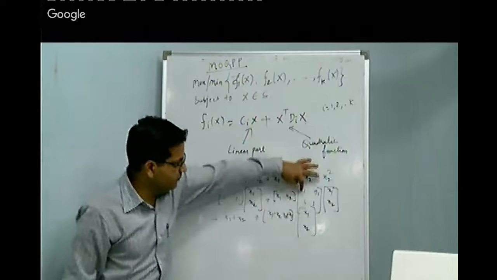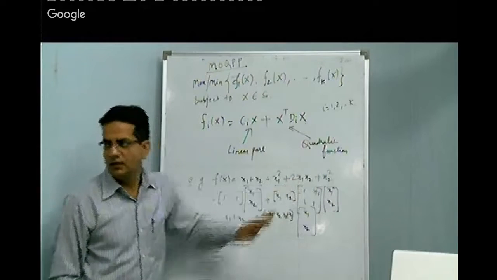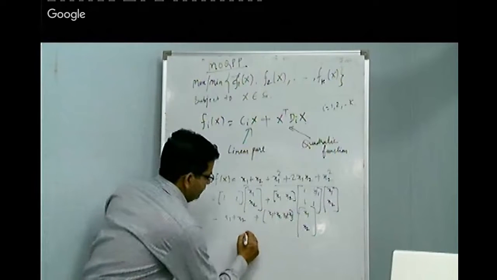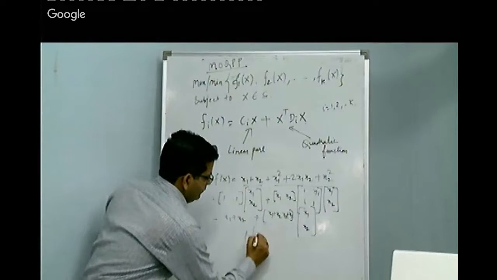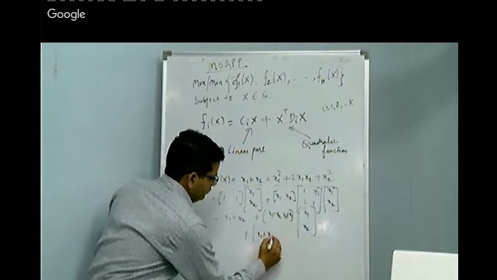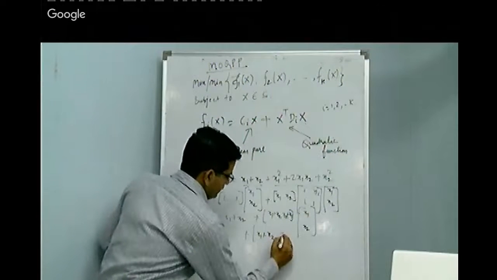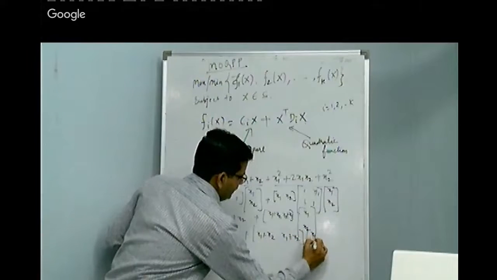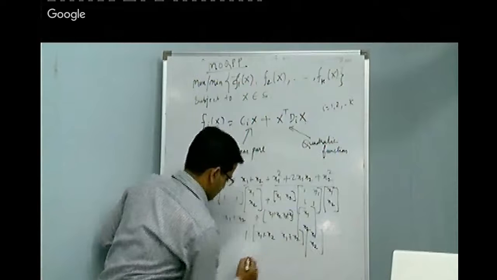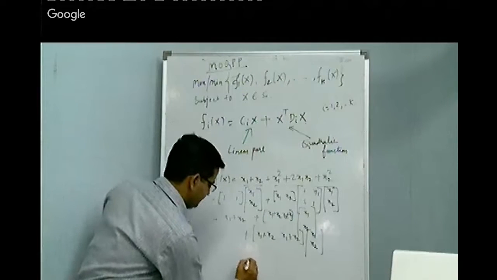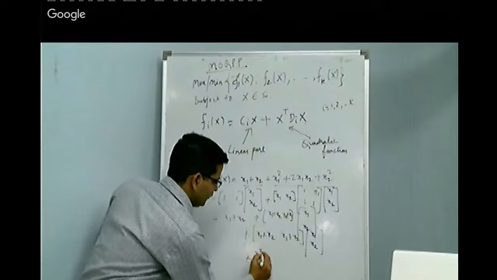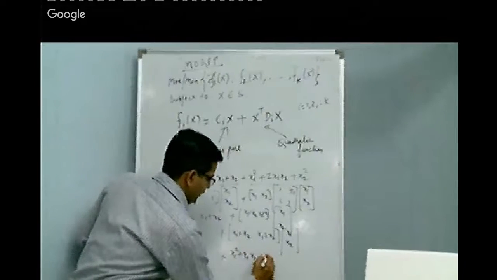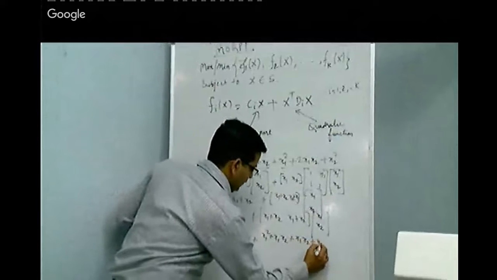So your matrix will be 1 1 1 1. When we multiply this, I am writing it again: x1 plus x2, then again x1 plus x2, then multiplied by x1 x2. Multiplying gives x1 square plus x1 x2 plus x1 x2, then x2 square.